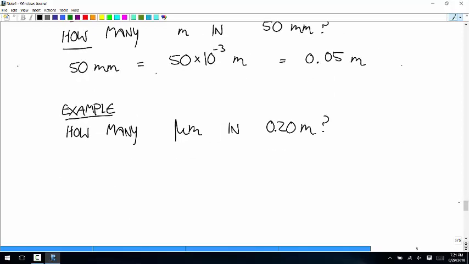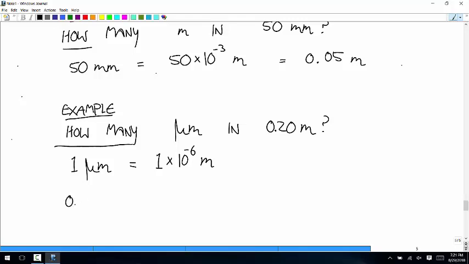Okay, so now we're starting with something with no prefix. So what we have to do is think of it as like a unit conversion. So one micron is equal to 1 times 10 to the minus 6 meters, based on the meaning of that micro prefix.